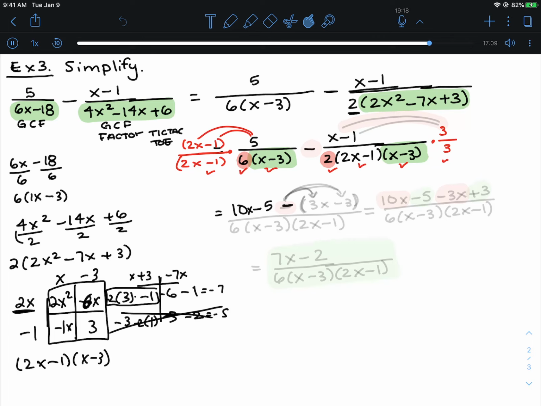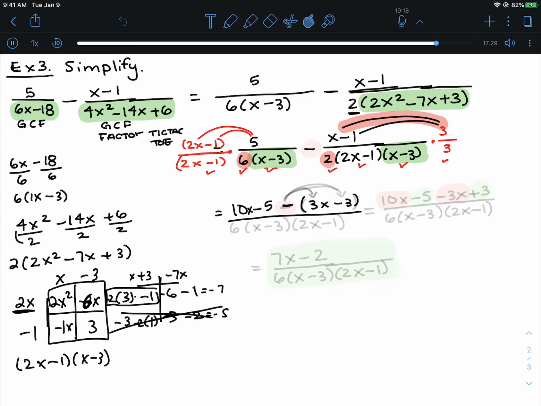Okay, minus this one on the other side, which is going to be a 3 times x and a 3 times negative 1. Well, 3 times x is going to be 3x, and then 3 times negative 1 is going to be negative 3. Okay, those right there are my numerators.